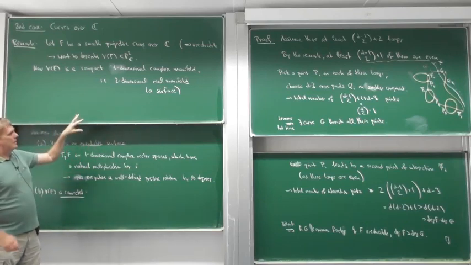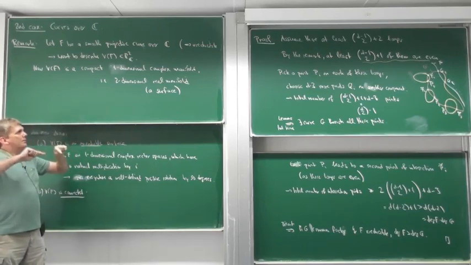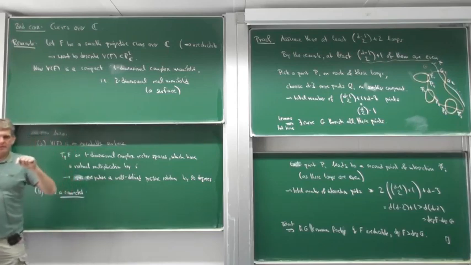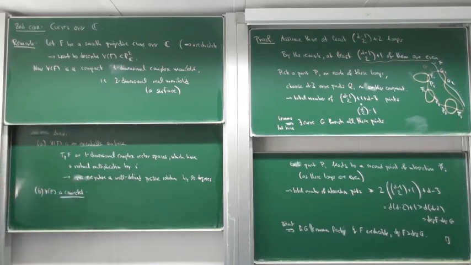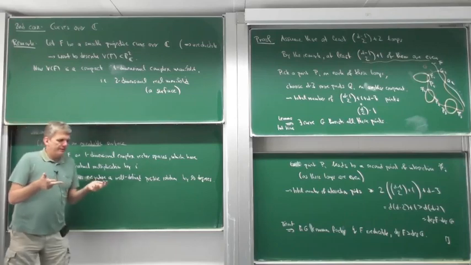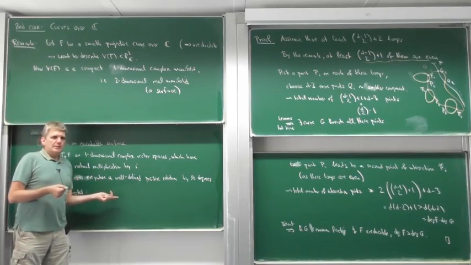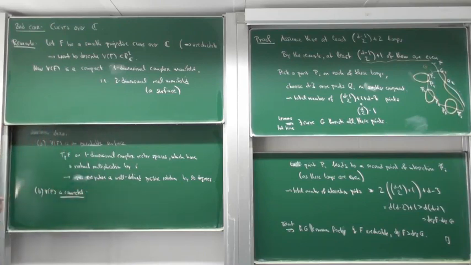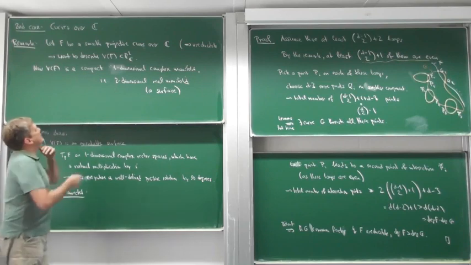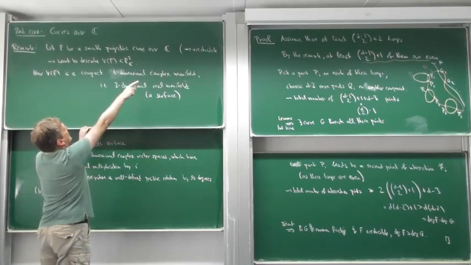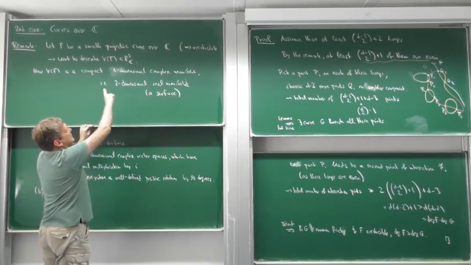And when you intersect two of them, you will get a number of intersection points, which is the product of these degrees. And then you have the same argument as before. If you had two of them, they would have to intersect. And where they intersect, there would be a smooth point, and we don't have a smooth point, and that's why it must be connected. So it's a very similar argument to the one up there, why a smooth projective curve is irreducible.